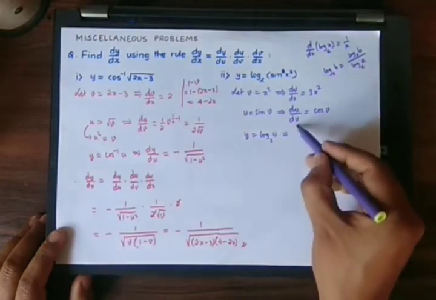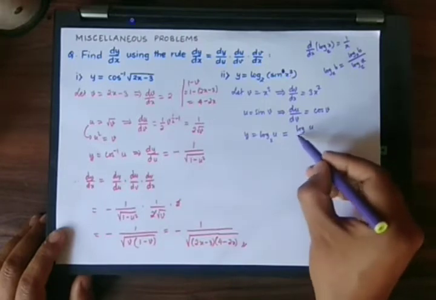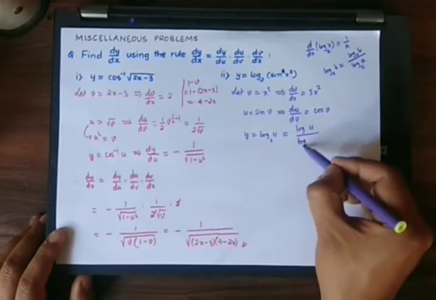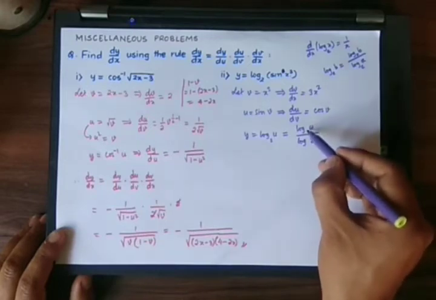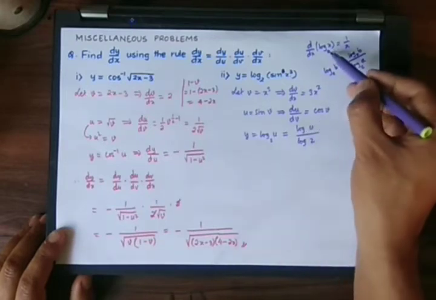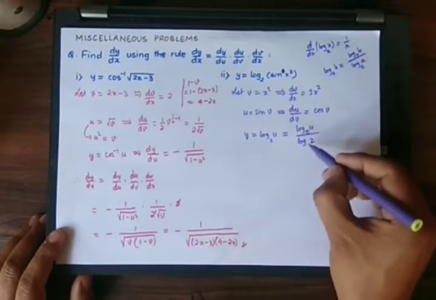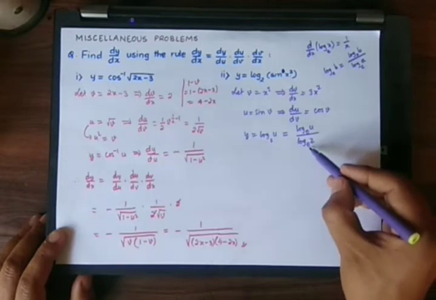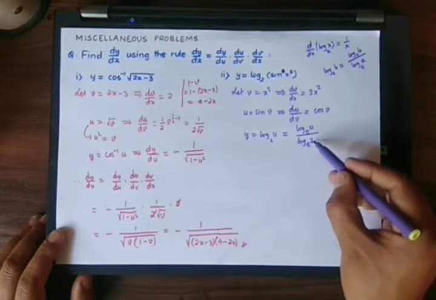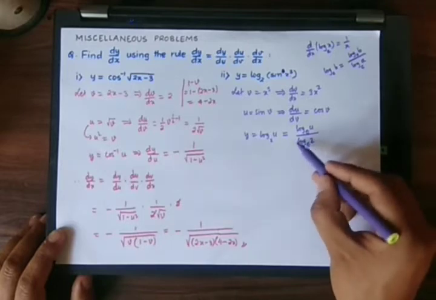So first we'll write log u. Log 2 will come in the denominator. Now I can write any base of my own choice, and I'm interested in base e, so that's why I'm writing base e there. Whenever I do that, e is also a constant, right? Exponential e is also constant, and 2 is also constant, so this full thing becomes my constant.